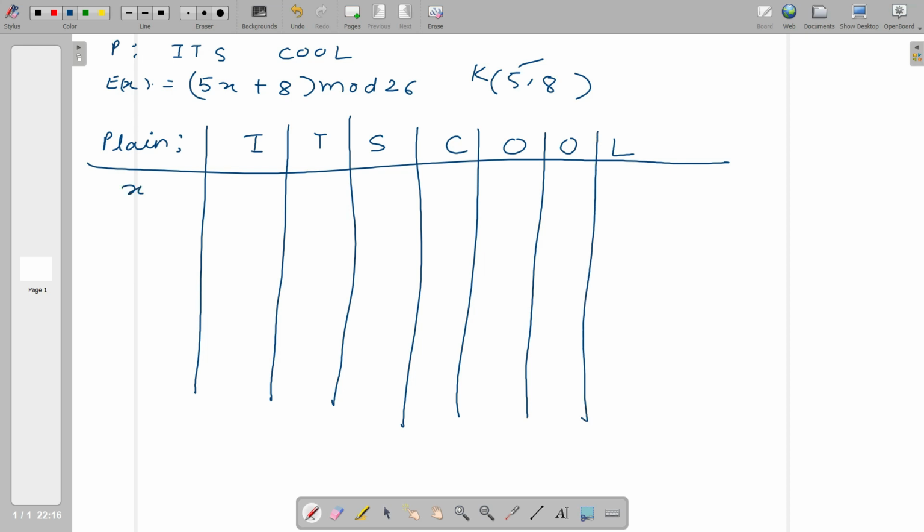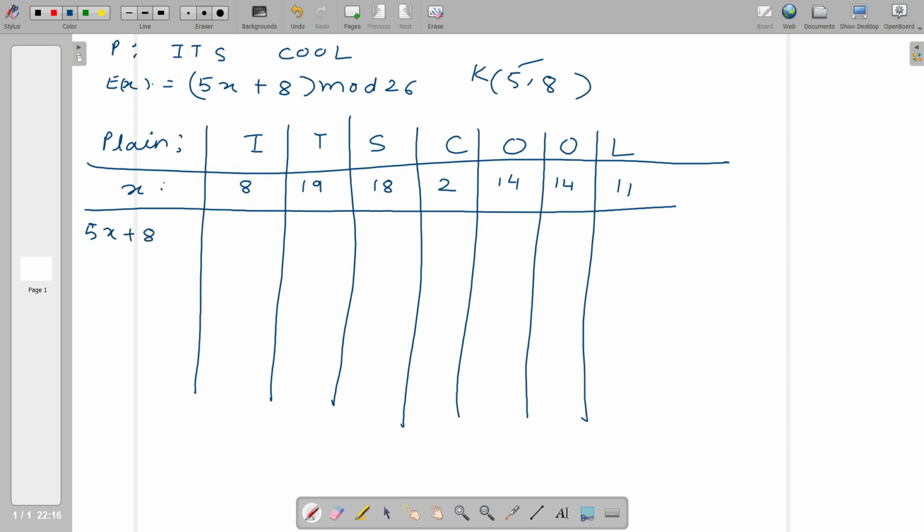So x will be: I is 8, T is 19, S is 18, C is 2, O is 14 and L is 11. Now in the next line we are going to calculate 5x plus 8.